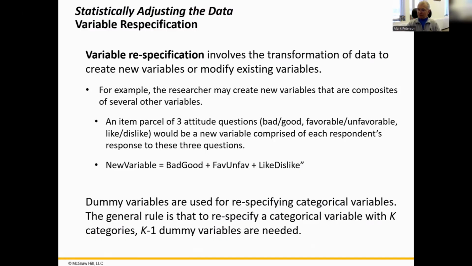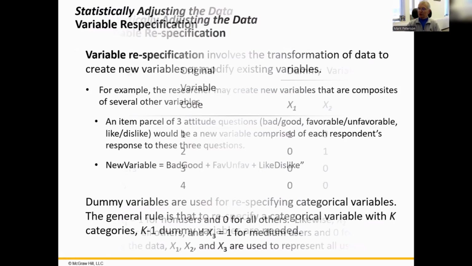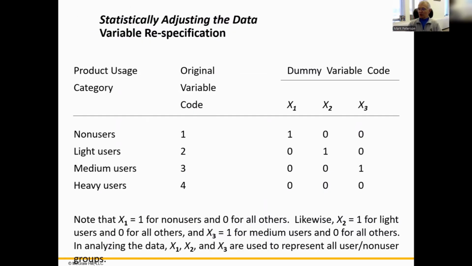Dummy variables are also possible. So these are respecifying categorical variables. You might have these categories: non-users, light users, medium users, heavy users. So you'd actually create 3 new columns in your data set, and those 3 columns would comprise your dummy variable coding. So the new variable for non-users would have 1 and then 0, 0.